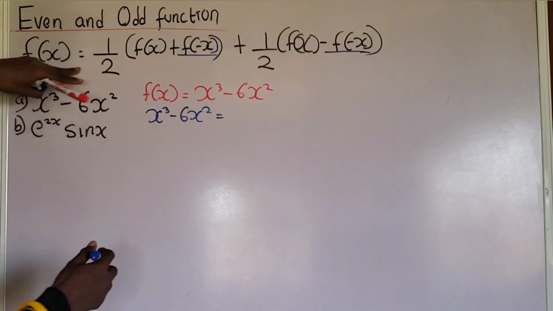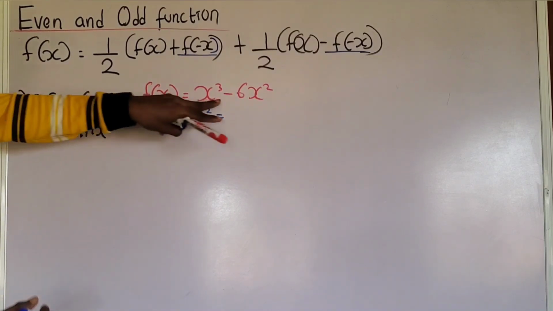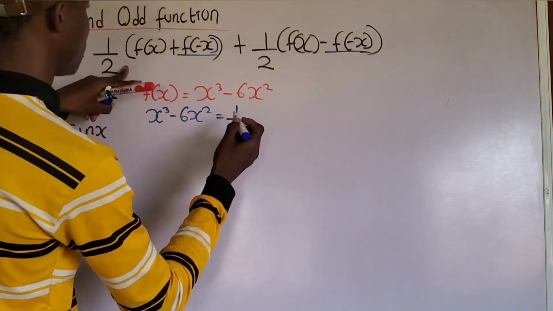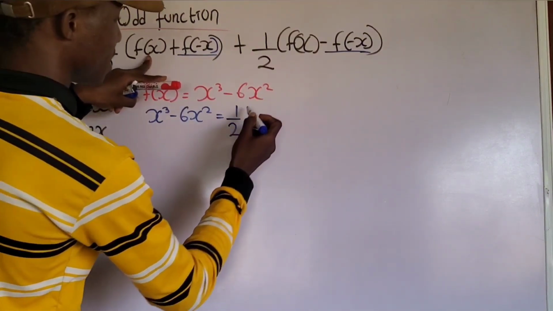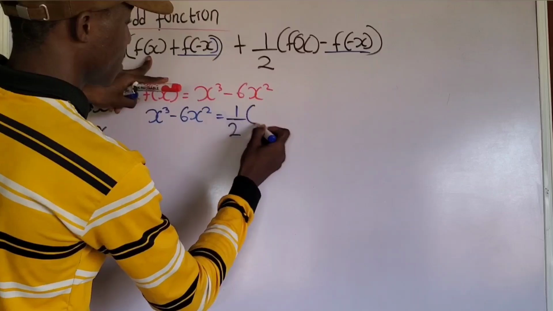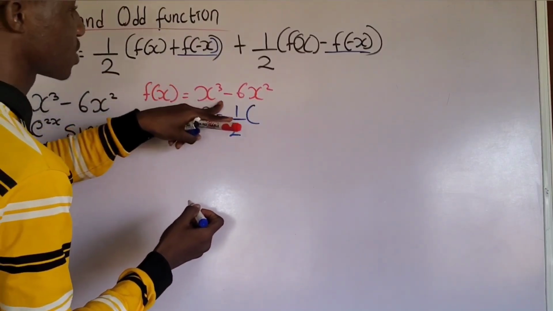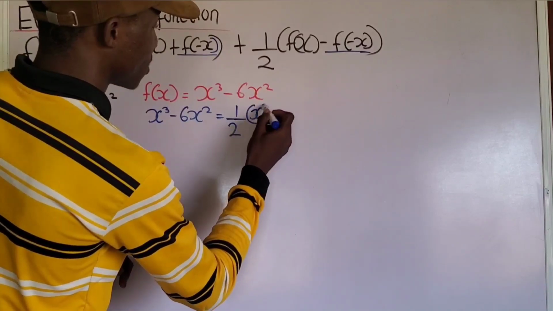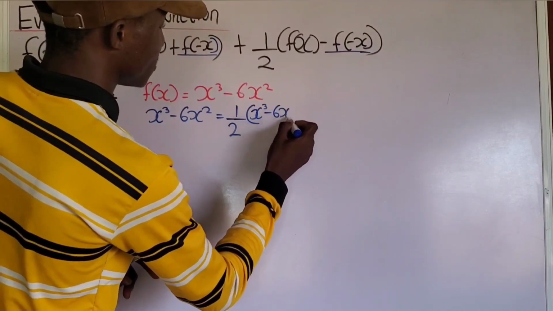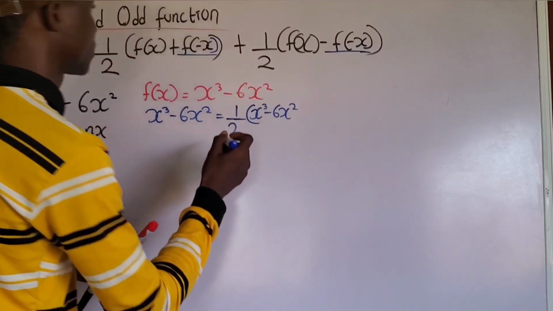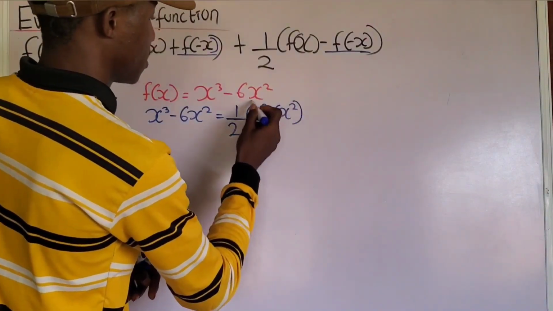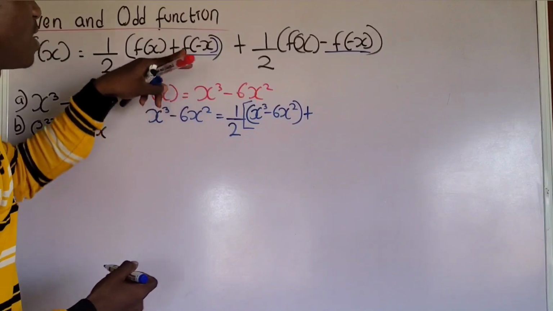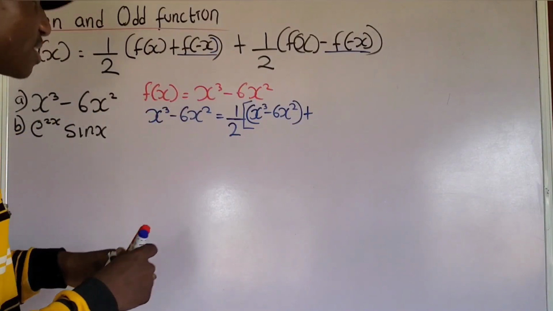Because it must satisfy the following condition, I just bring this f of x, which is this, equals 1 over 2 times f of x, and f of x is x cubed minus 6x squared, plus f of negative x.